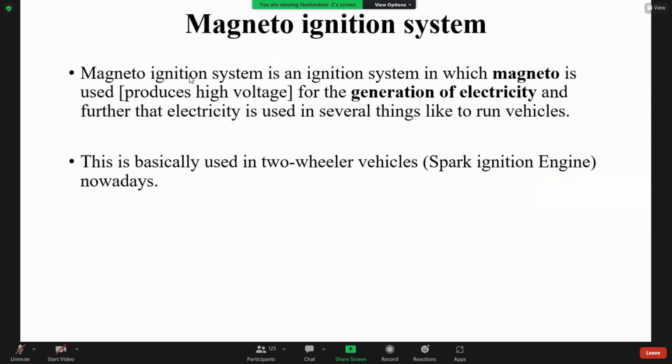You see, the magneto ignition system is an ignition system in which a magneto is used for the generation of electricity, and further that electricity is used for several things like running vehicles. Instead of a battery we use a magneto here. Basically we use this magneto ignition system in two-wheel vehicles.